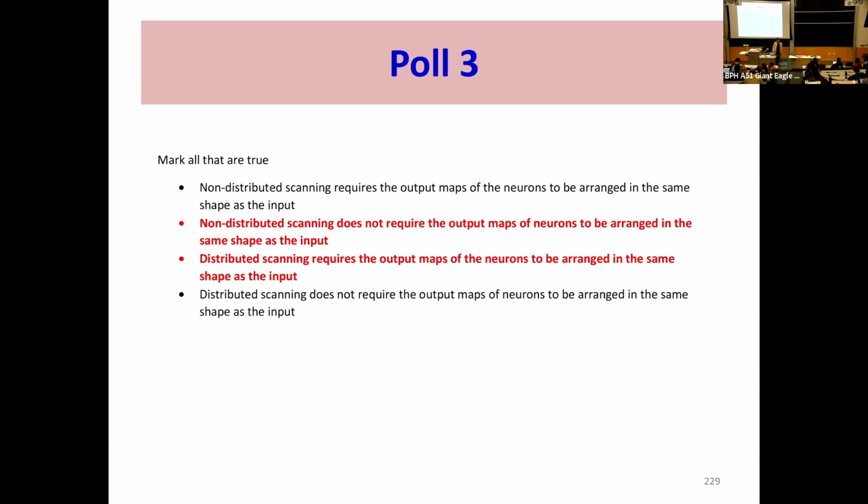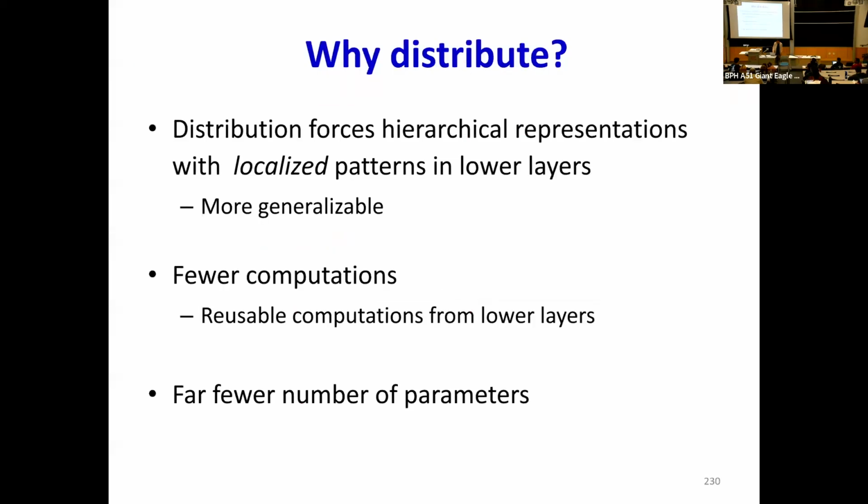Okay, yeah. Question. So when you say the same shape, do you also mean the same dimensions or just? The dimensions might shrink, but it's going to be the same shape, right? So see, look at that. If I have a stride of 2, for instance, it's going to shrink by half in each direction. So why distribute? Yeah. So the window size remains same for the layers? No, we can change. Right.